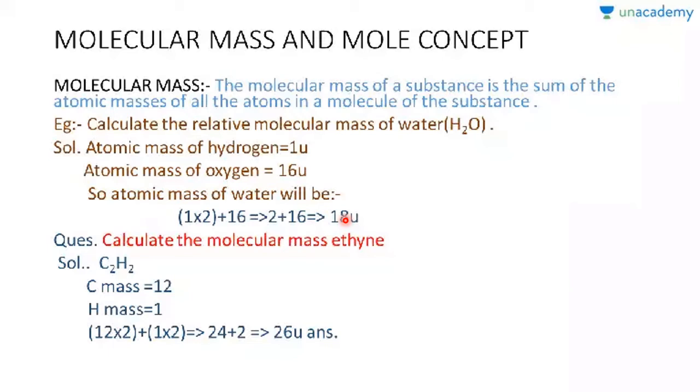In everyday life, we deal with grams, so we express the atomic mass or the molecular mass in grams, and those are called gram atomic mass and gram molecular mass, GAM and GMM respectively. But here it is expressed in U, unified mass. What difference is there between the unified mass and the gram atomic mass or gram molecular mass? We will discuss it in the second part of this topic, under the mole concept.